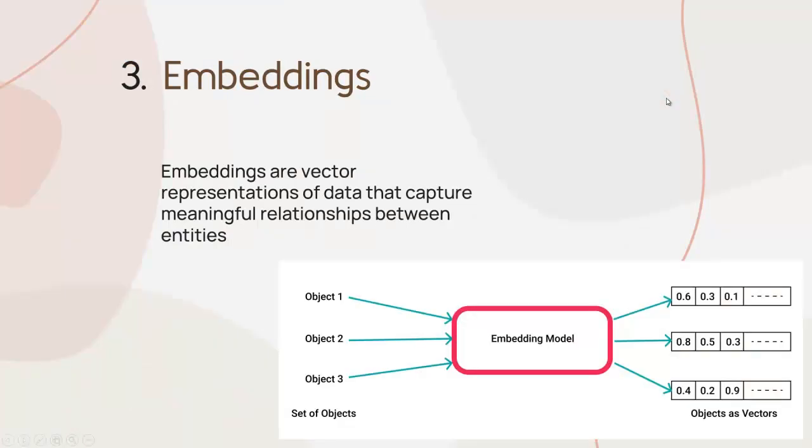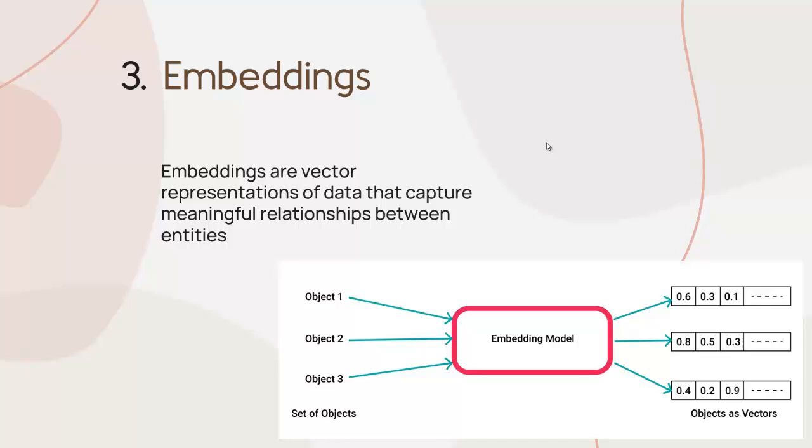The next step is the embedding step. In this step, each chunk of text is converted into a vector representation known as an embedding. These embeddings capture the semantic meaning of the text, making it easier to compare and retrieve similar chunks during the retrieval phase. Now, let's take an example of fruits. So, say you have different fruits like apple, banana, orange.